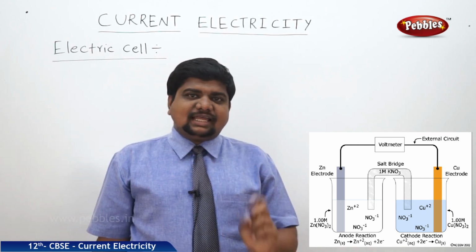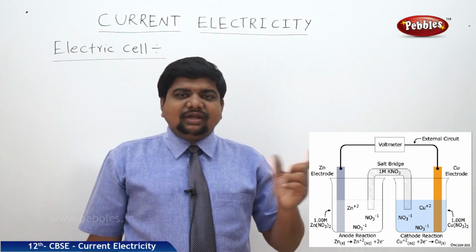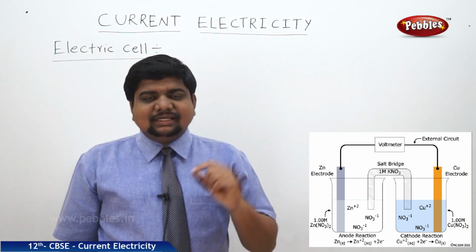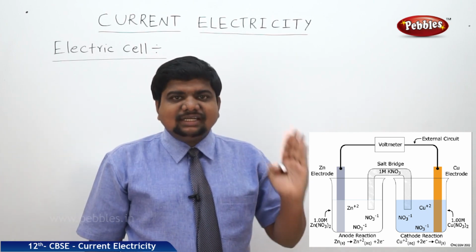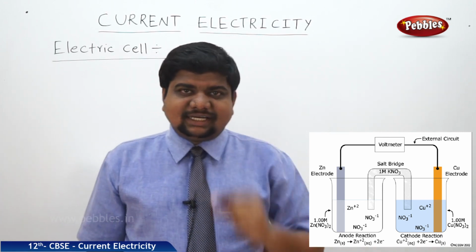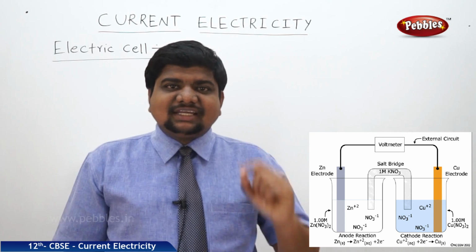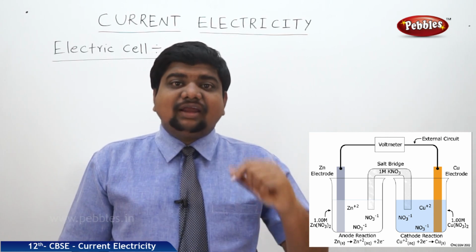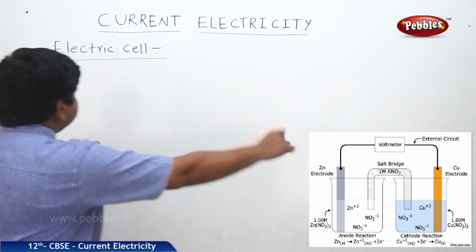Those two rods act as electrodes, anode and cathode. Whenever you connect this anode and cathode with the help of a wire, there is a possibility for the continuous flow of charge or electric current. That means what we can say about the electric cell: an electric cell is a device which maintains the continuous flow of charge or electric current by chemical reactions.